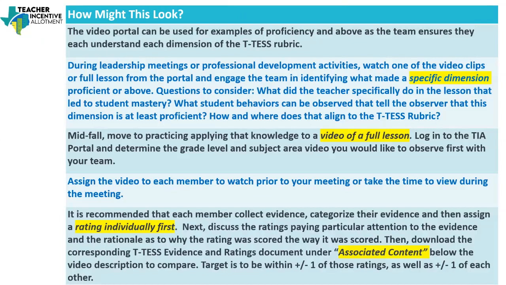Questions to consider: What did the teacher specifically do in the lesson that led to student mastery? What student behaviors can be observed that tell the observer that this dimension is at least proficient? And how and where does that align on the T-TEST rubric?